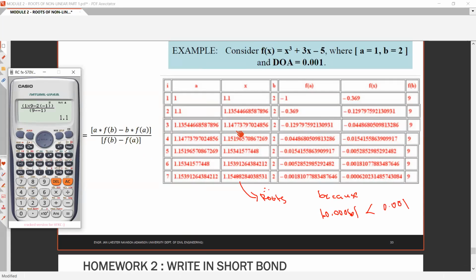Kasi kapag nagra-round off ka kasi dito, remember yung accuracy and precision, mababago siya. Mababago na yung roots mo. Okay. So sige, pagdating sa exam, isusulat ko kung ilang decimal places yung ita-type nyo. Ha? Let's say sabihin ko na lang use all 8 decimal places. Ganyan.